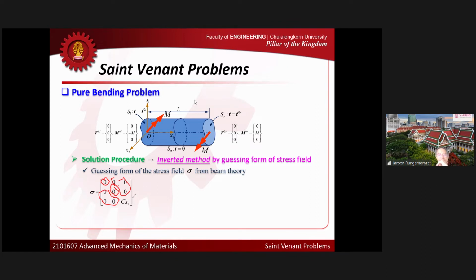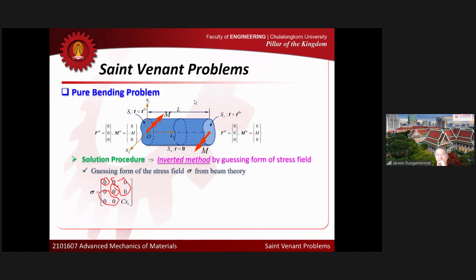How about stress sigma 33 that is non-zero here? If you remember from beam theory, when you apply the bending moment at any cross section, you know that the variation of stress or bending stress depends on the distance from the neutral axis, right?